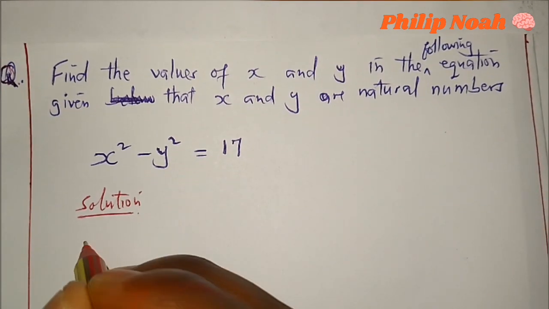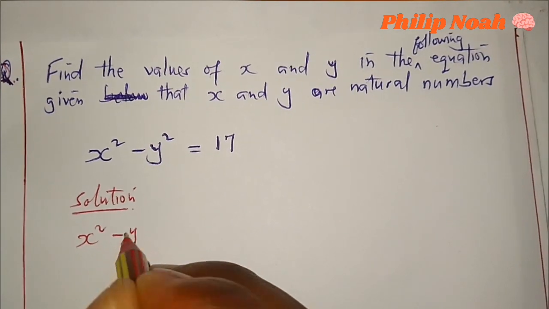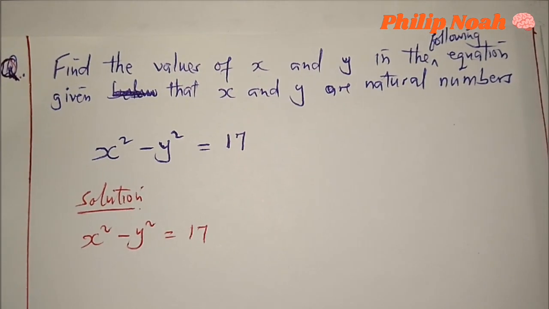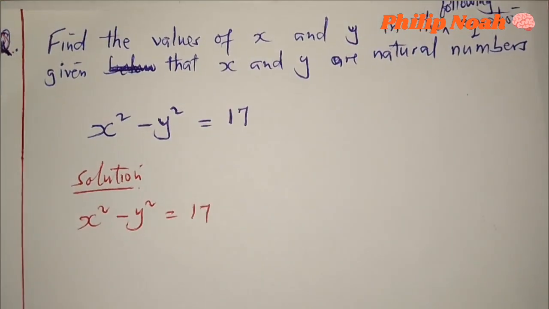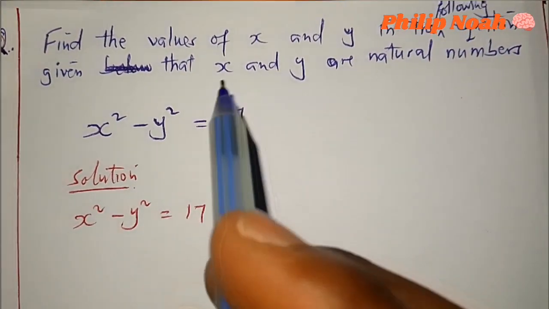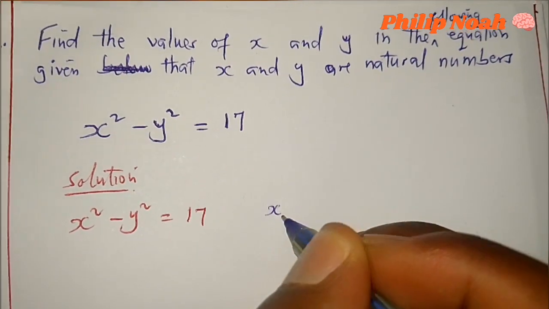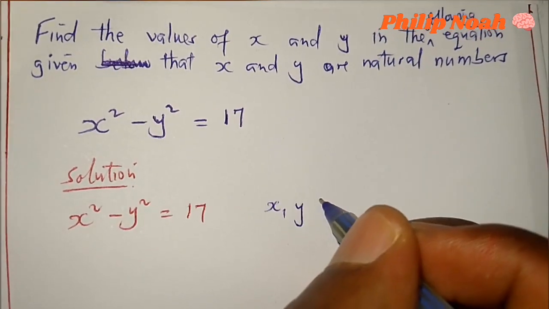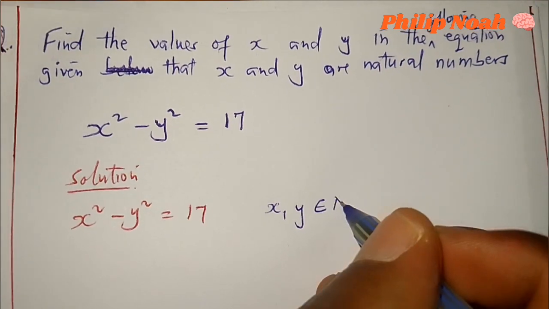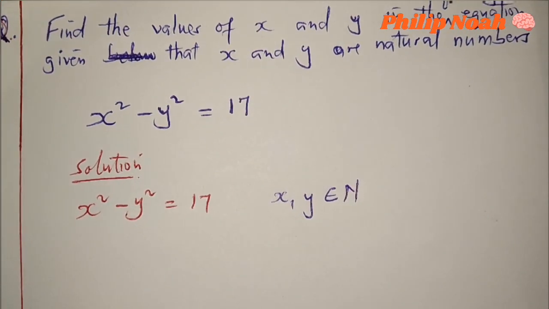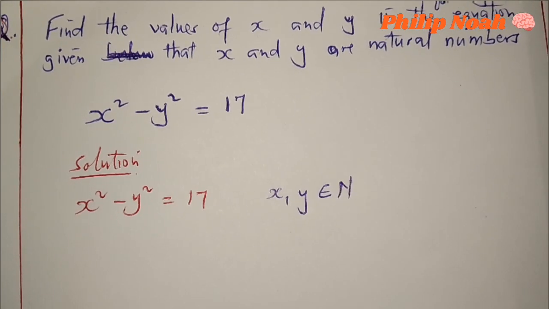You have been given x squared minus y squared is equal to 17, and I have been told that x and y are natural numbers. This x and y belongs to N, are natural numbers. Natural numbers are positive integers.